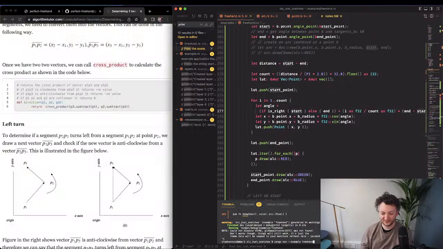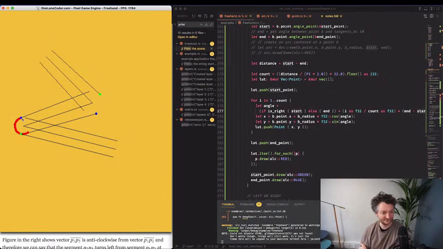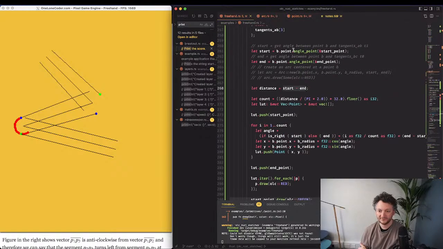So the sweep flag is correct here, but the length is somewhat wrong. We want to get the arc length depending on which part of the arc we're drawing.